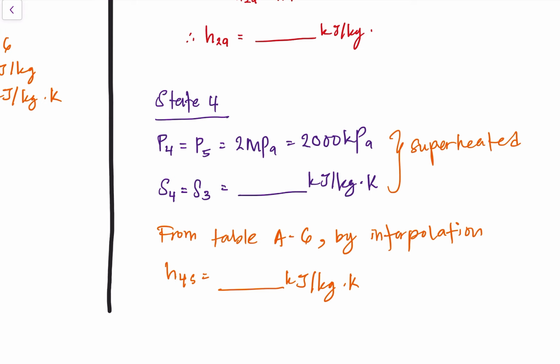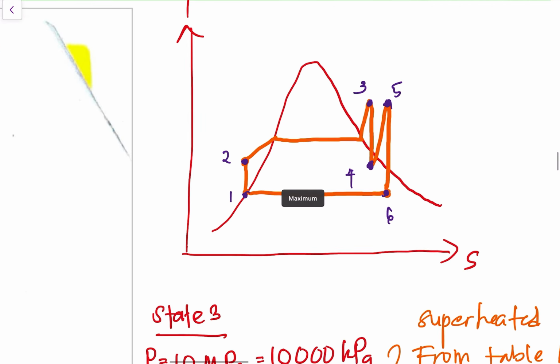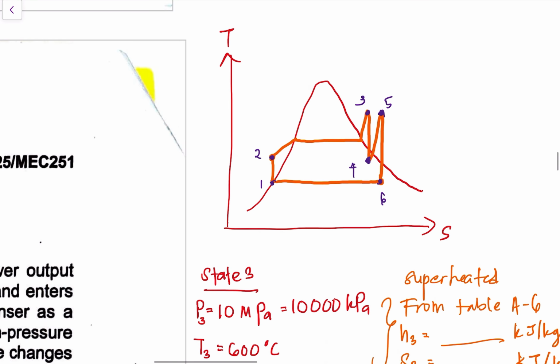So previously we have determined the entropy at state 3. So based on the pressure and the entropy values, you can do the characterization, and then you are going to get over here at state 4, it is in the superheated phase. So state 4, if we look into this diagram, shows that state 4 is in the mixture phase.